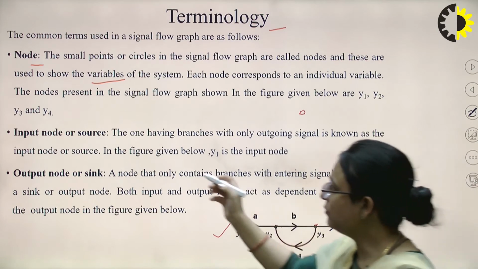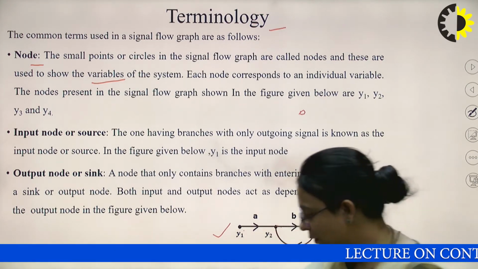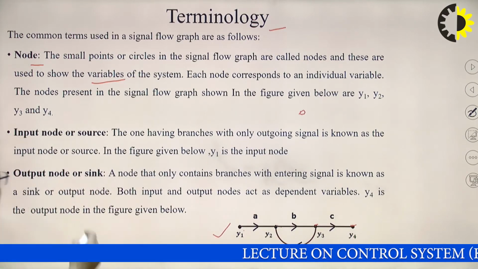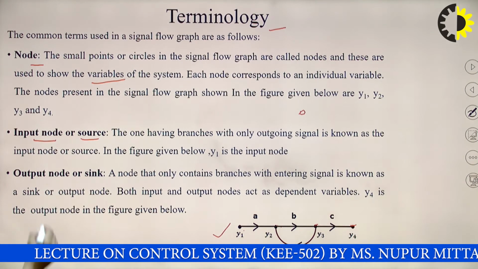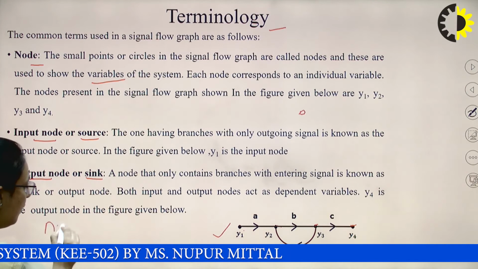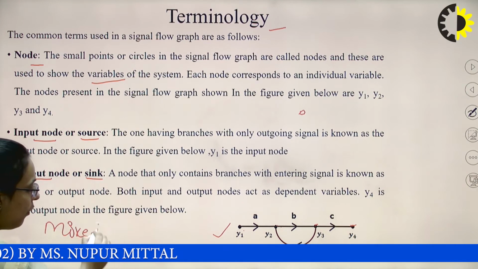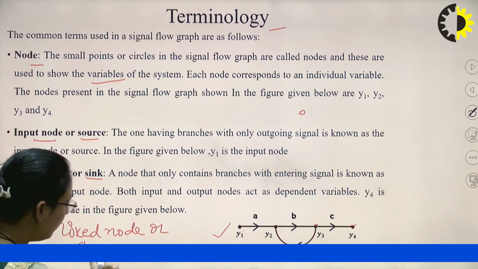Now there are basically 3 types of node in a system. One is the input node, or you can say source node. Another one is the output node or the sink node, and the third one is the mixed node, or you can say the chain node.